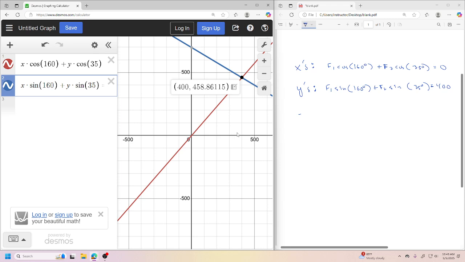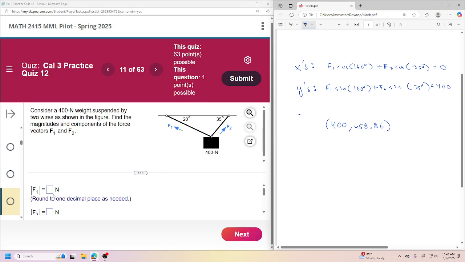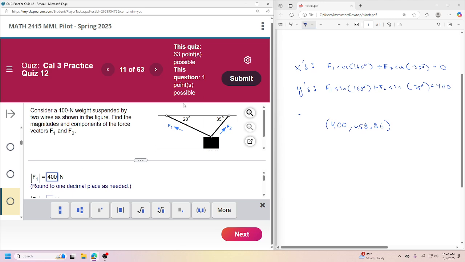Perfect. At least I hope that's the answer. See, I get nervous because it's almost too easy, right? It's almost automatic. So yeah, 400, 458.86. Did you just graph the answer? I did. You didn't see that?